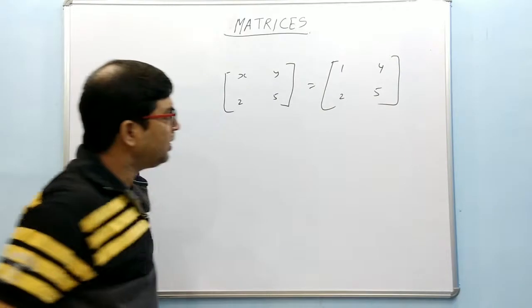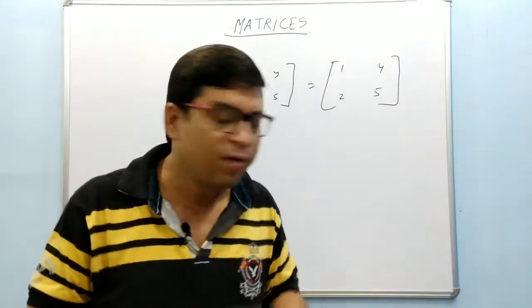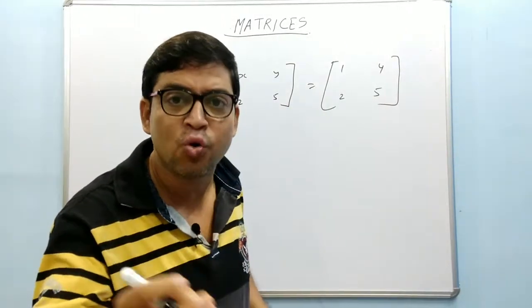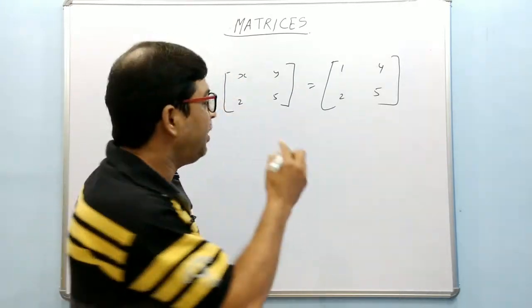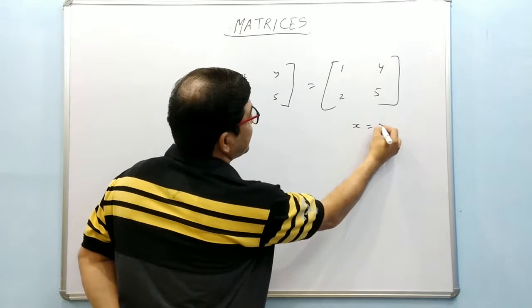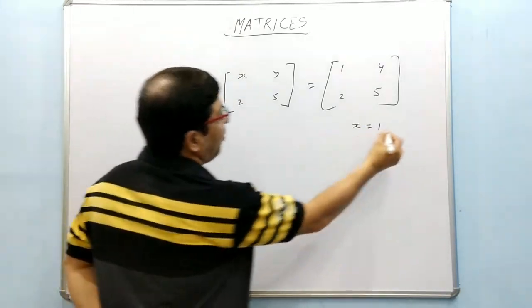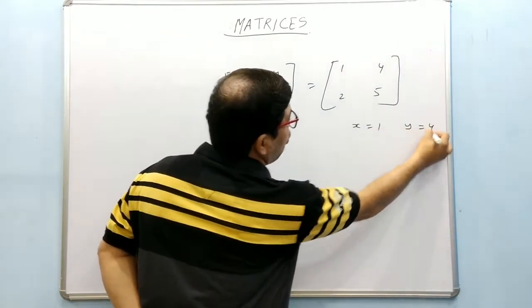What does this mean? Everything should be equal if the equality sign holds. That means x should be 1, and y comes out to be 4.